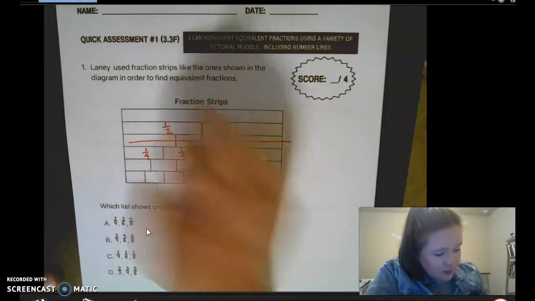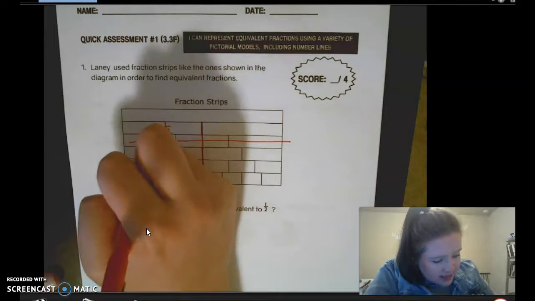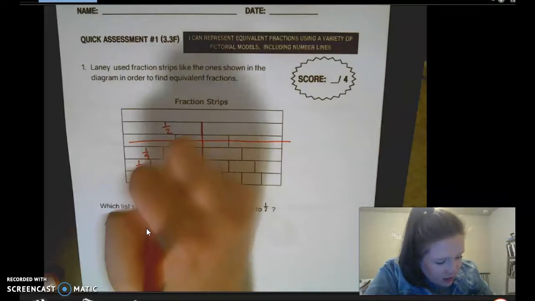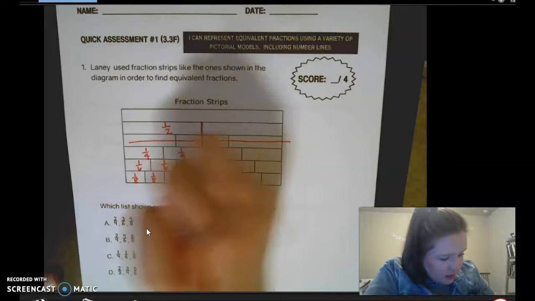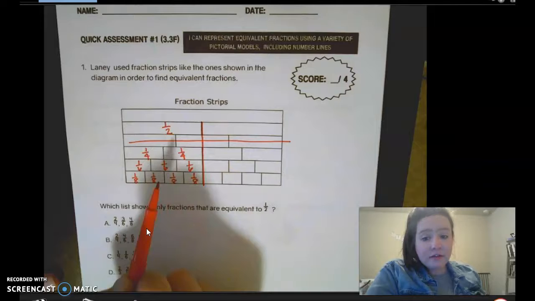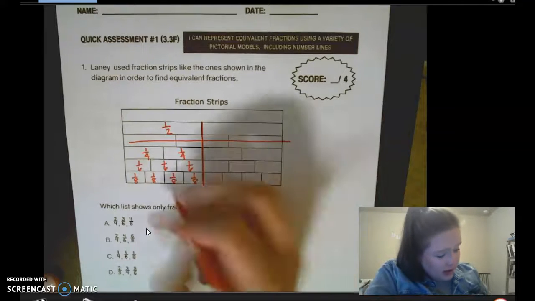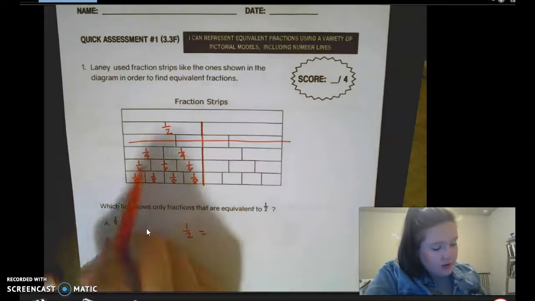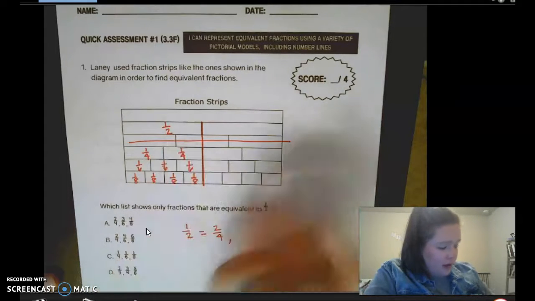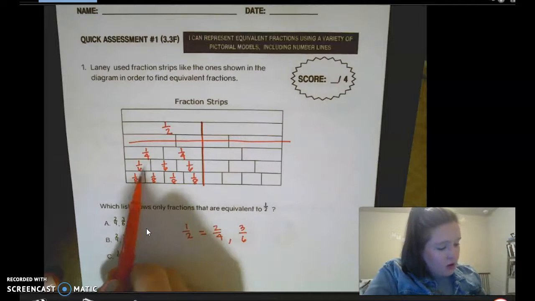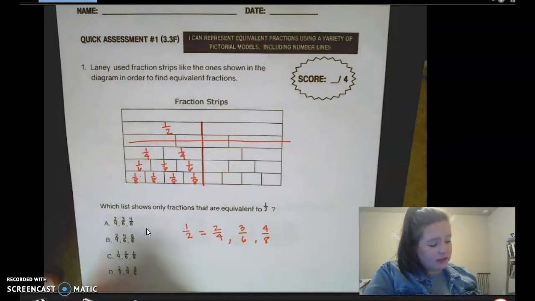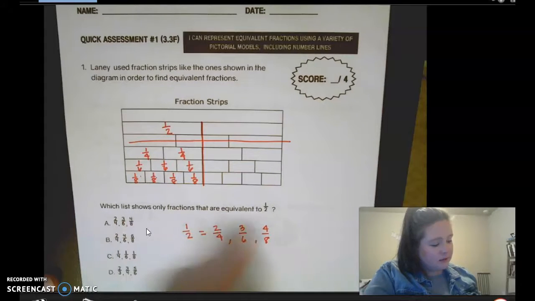This is 1/4. 1/6, 1/6, 1/6. 1/8, 1/8, 1/8, 1/8. All right? So the equivalent fractions for 1/2: 1/2 equals 2/4. 1, 2, 3, 3/6. 1, 2, 3, 4, and 4/8. So then you would find 2/4, 3/6, 4/8.